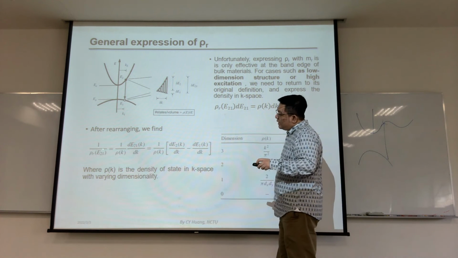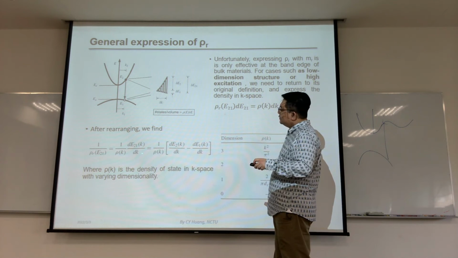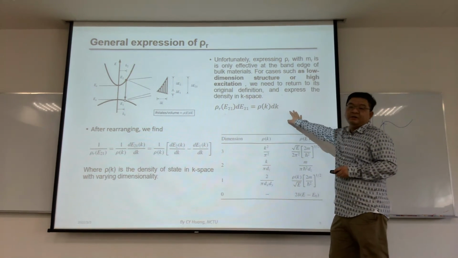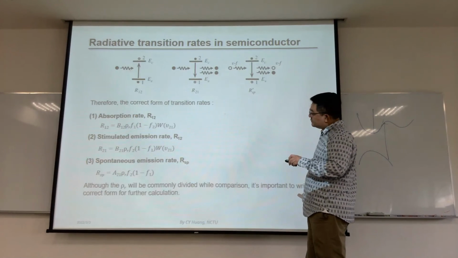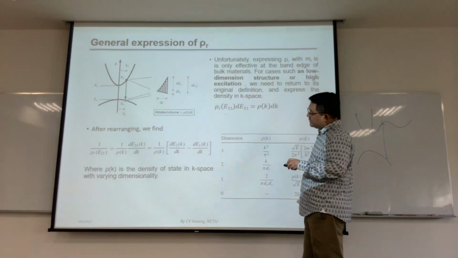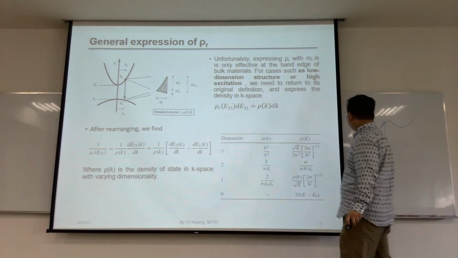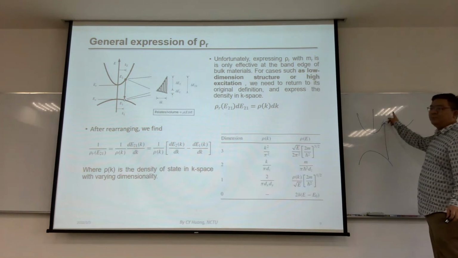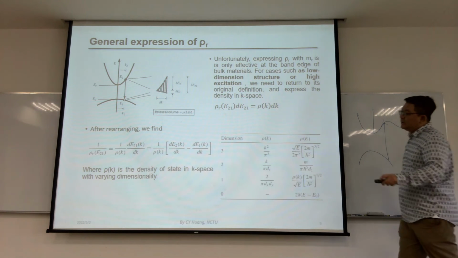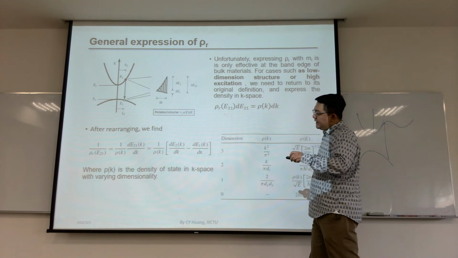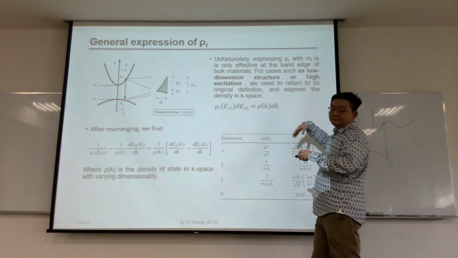So rho of E could be written as rho of k times dk over dE, according to the equation here. Then dE21 is dE2 divided by dE1. So you only need to know the slope of your band at the local stage. You can calculate dE2 over dk and dE1 over dk at each band.